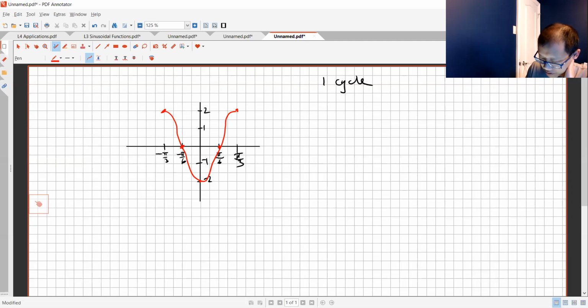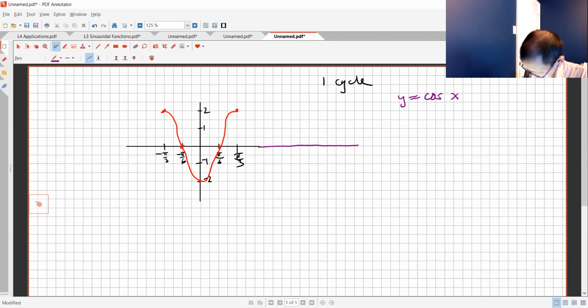So if you wanted to see a comparison to the actual graph, I'll use purple here for y equals cosine of x, and this is what the whole point is. I've seen the transformations now. I'm just going to extend this grid here. That's 0, obviously.